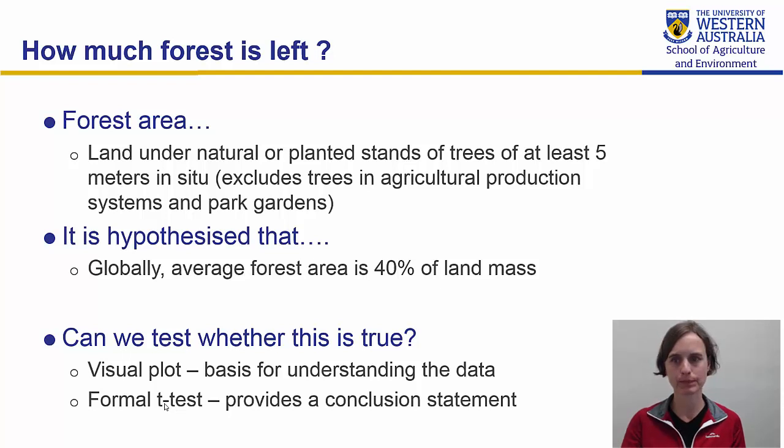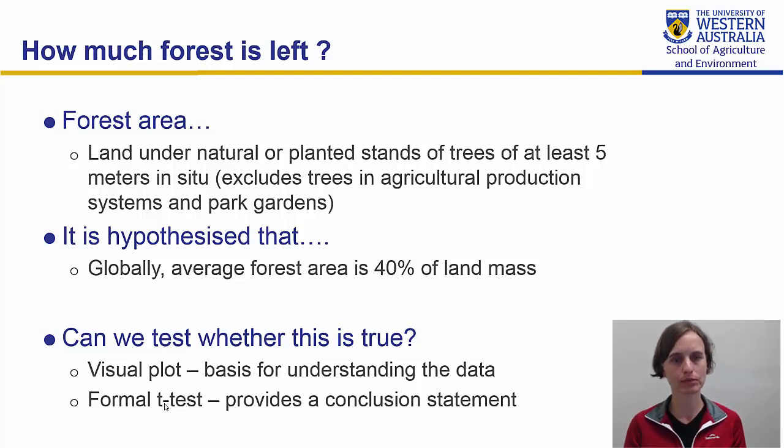Those are maps to present biodiversity loss. I'm now going to show you ways to present it in graphs. So what I've done is, instead of looking at Australian data, I've looked at global data, and I've looked at how much forested area is left in the world.